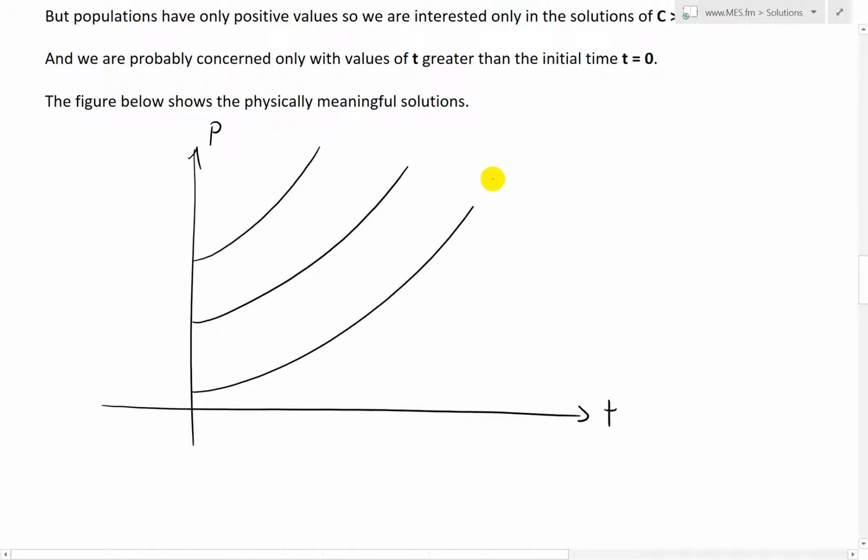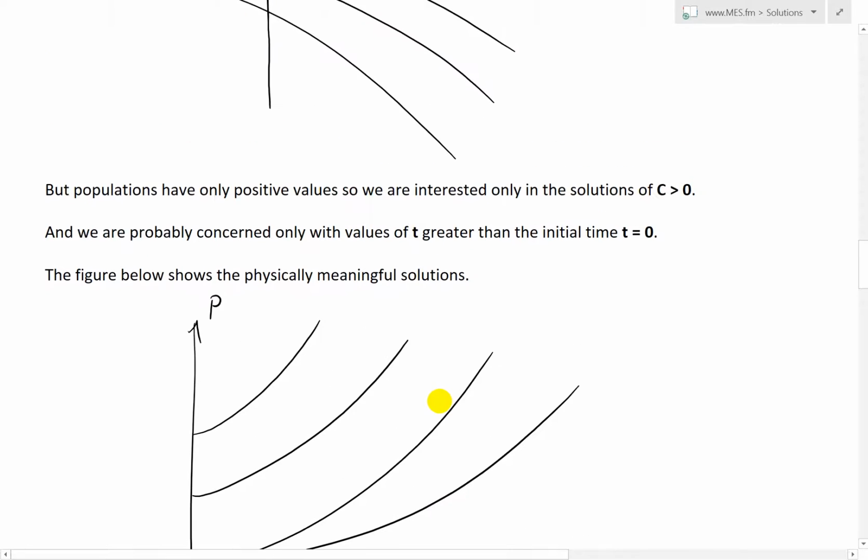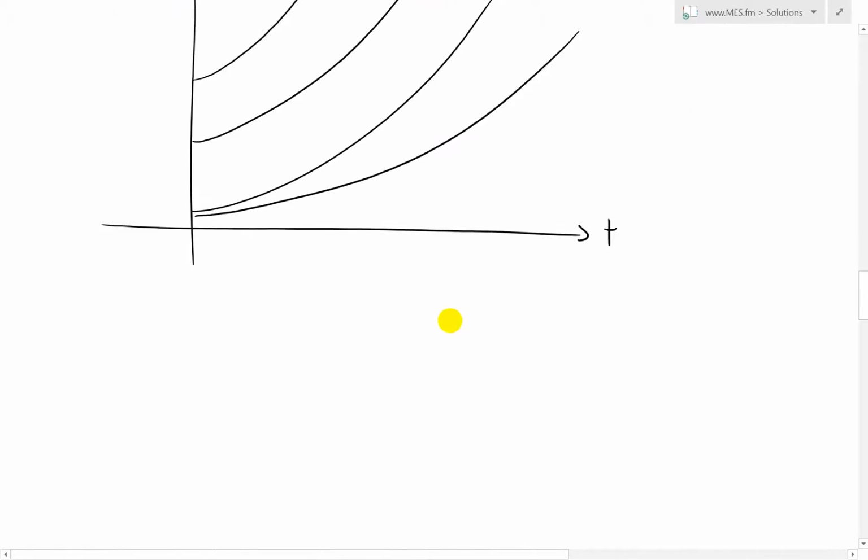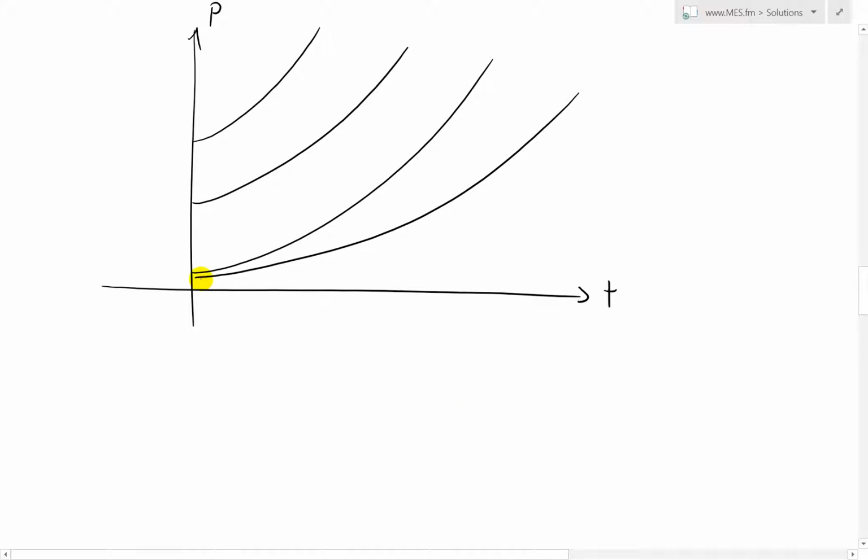Let's go slower. I think this would be a bit wider out. It would be something like that. So again, these are more meaningful solutions of the population growth differential equation. These are just looking at physically meaningful ones, so we only have positive time and positive population.